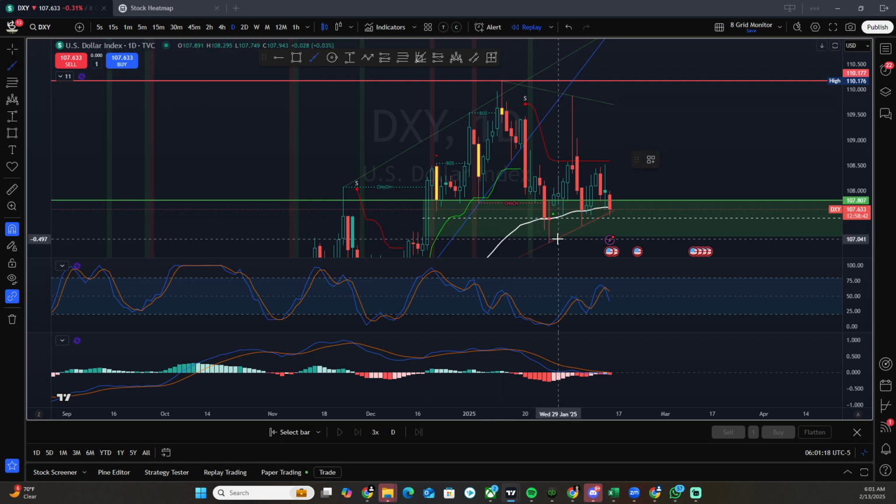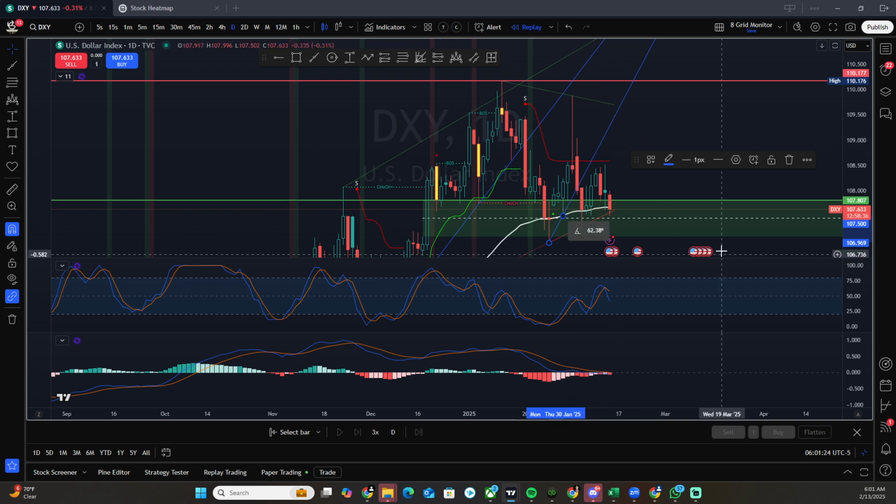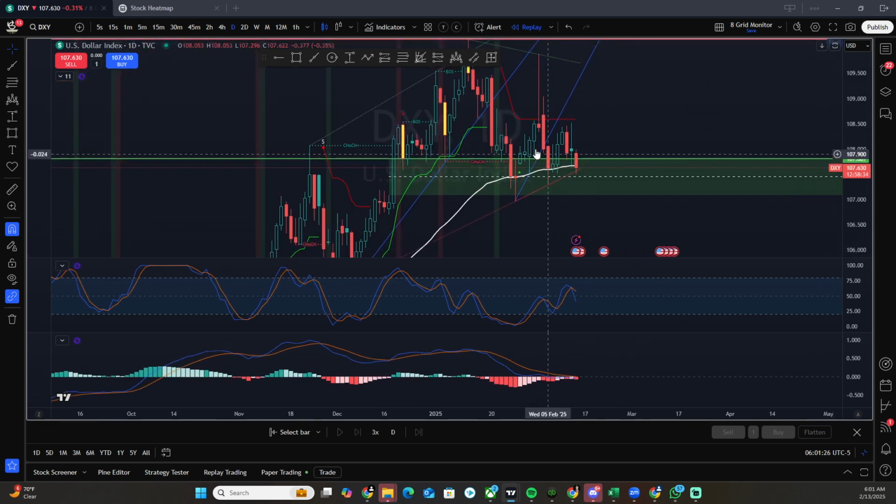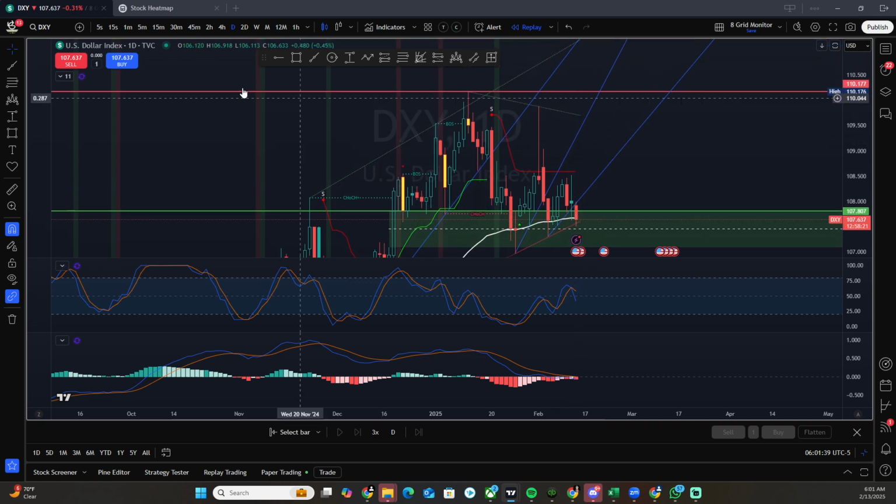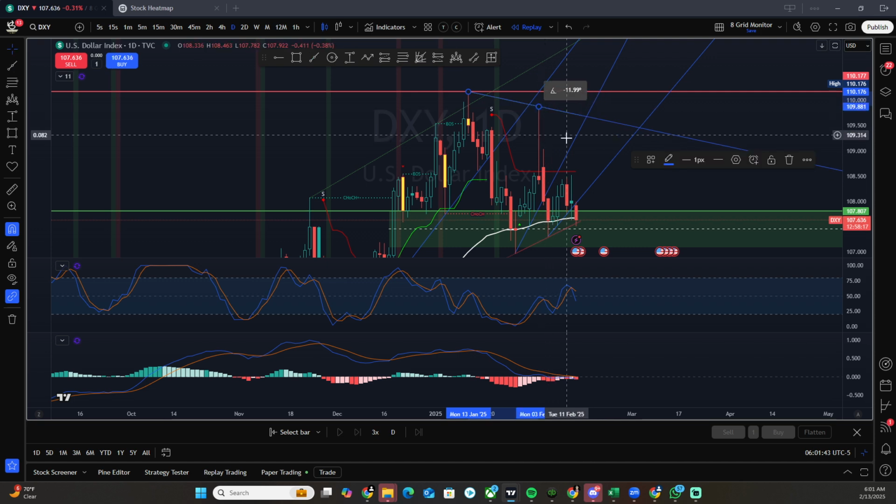So if I was to take this as an instance of them attempting again, that would be from here to here, and that's broken down. And then now we're taking another stab at trying to do it again, which is from here to here, and that's breaking down. So if this thing can't recover here to get back through here, we're talking about a micro trend that's taking over every time they attempt.